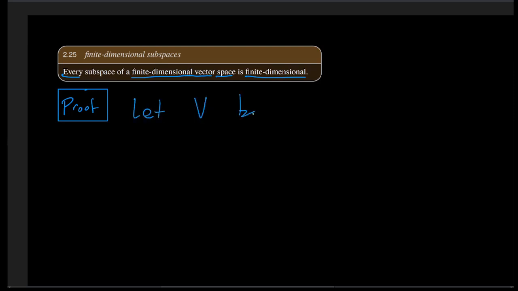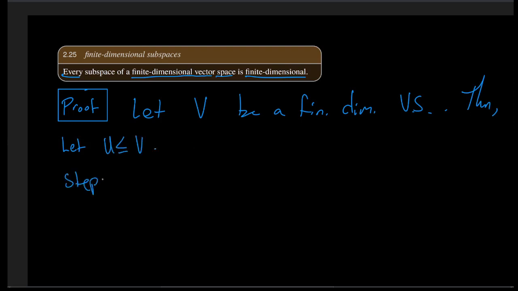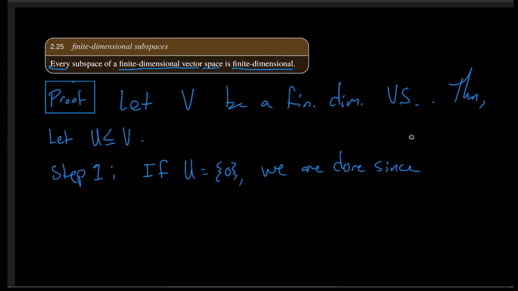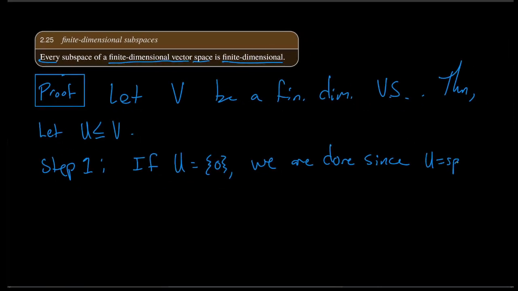Let V be a finite dimensional vector space. Then let U be a subspace of V. Here's step one. If U is just the zero subspace, we are done since U is just equal to the span of the empty list.